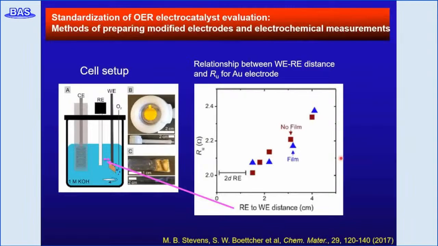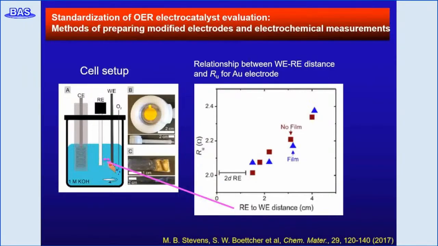This photo shows the measurement cell, and the QCM chip with the gold electrode is also shown on the right-hand side. This plot shows how the uncompensated resistance varied with the distance between the working and reference electrode.